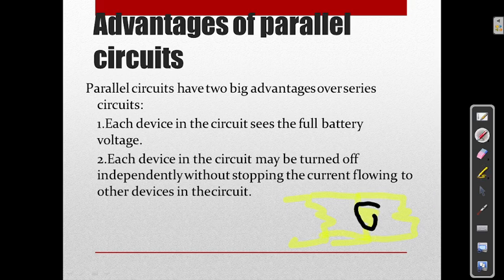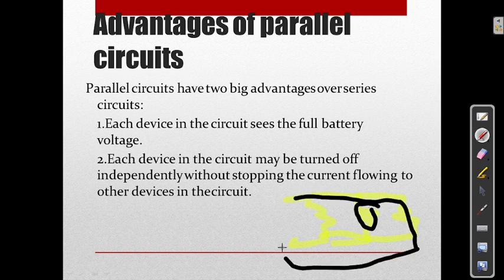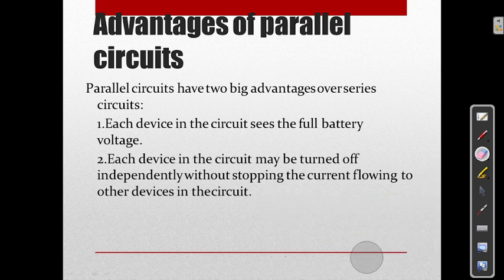If there is a cutoff over here, the current will flow through this path. So we can easily use this parallel circuit. This is the main advantage of the parallel circuit: each device may be turned off independently without stopping the current flow to the other devices in the circuit. That's all about the series and parallel circuit.